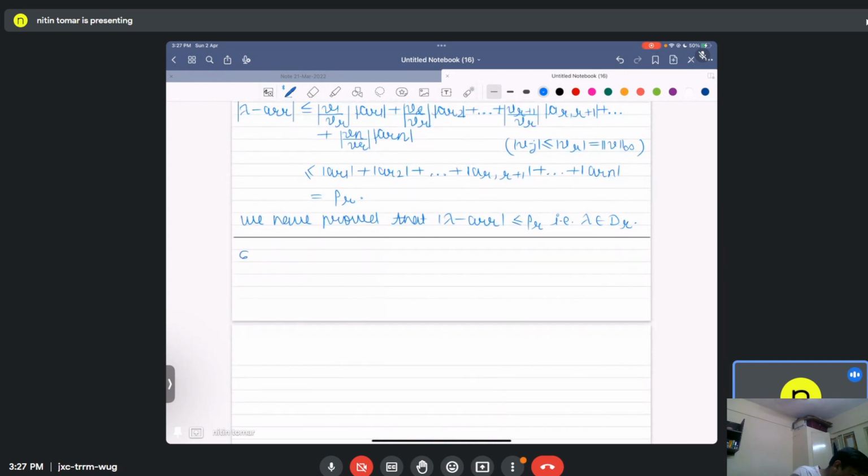Now let us see some example of what is happening. You take this matrix A, 4 0 minus 2, 1 2 0 and 1 1 9.